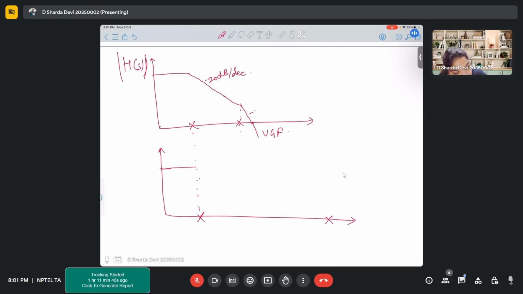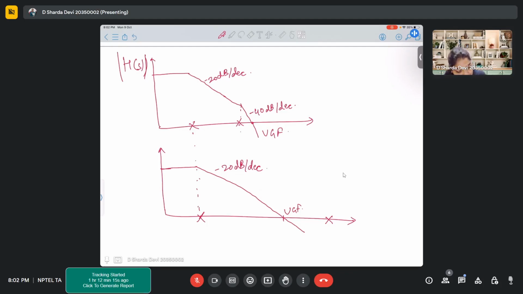This will again introduce minus 20 dB. So the resultant is minus 40 dB per decade after this frequency. Now here there is only one pole, so it will start introducing minus 20 dB per decade as the slope. And this will meet over here. This is your unity gain frequency. So your second pole is beyond your unity gain frequency.